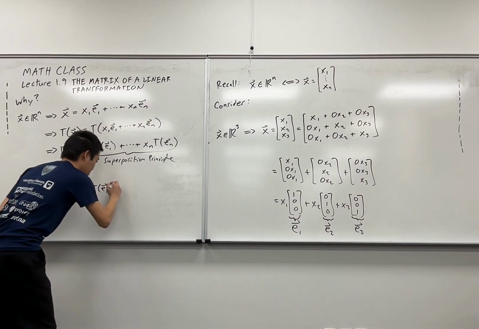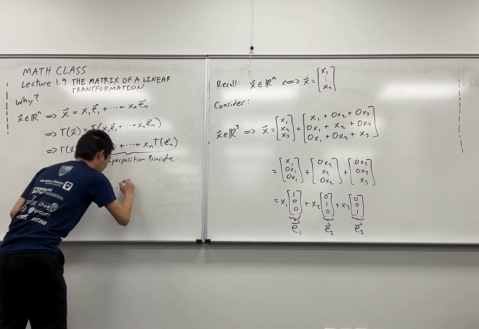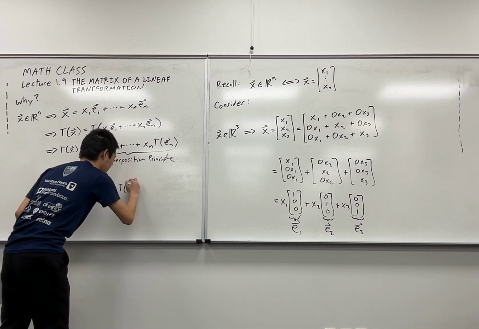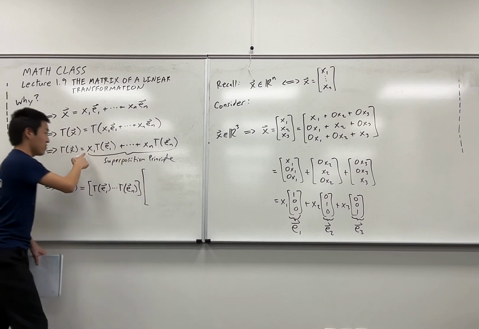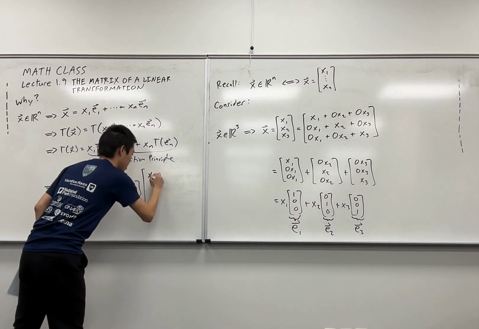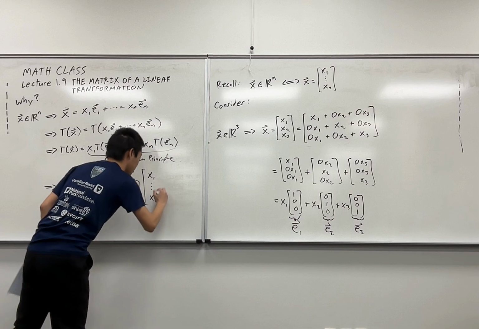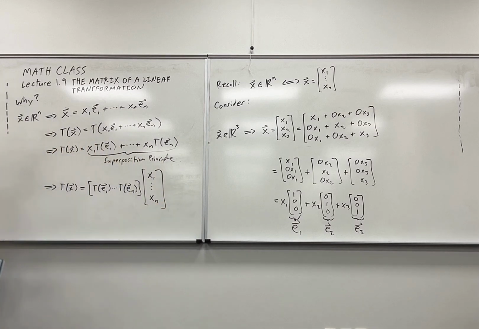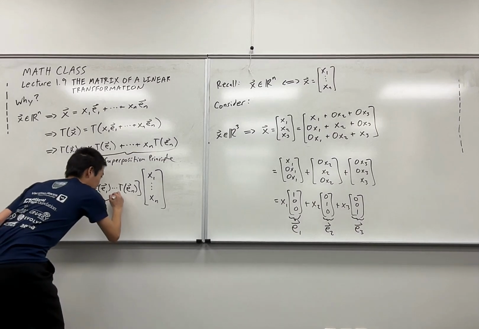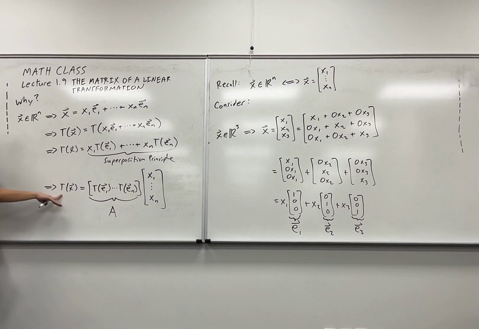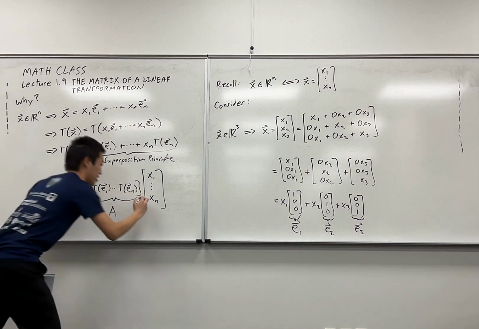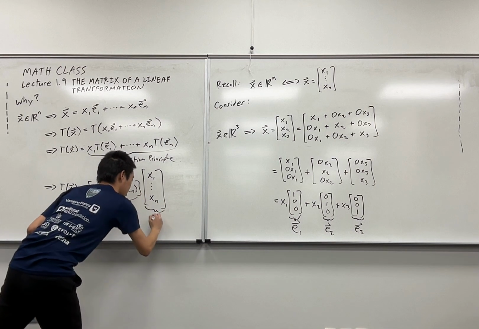So I start at T(e1), and I go all the way until I finish at the last column here, T(en). And I'm multiplying this by all of these respective x1 through xn. And now suddenly, we're in business talking about a matrix equation, because this right here can be thought of as the A for a linear transformation T(x) equals Ax.